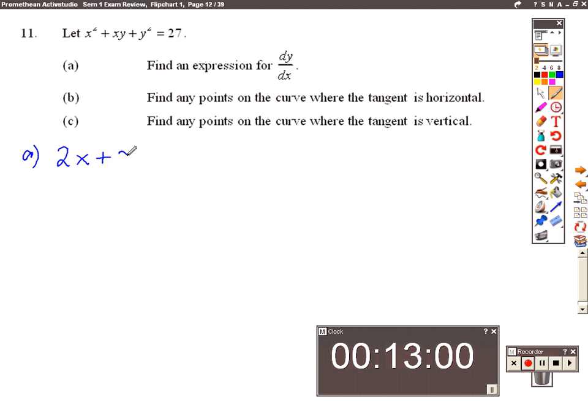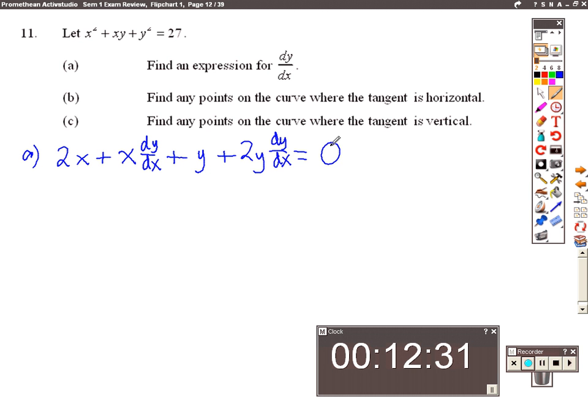So we'll have the first times the derivative of the second, and the derivative of y is dy/dx, plus the second, which is y, times the derivative of the first. The derivative of x is just 1. And then the last term, the derivative of y squared, is 2y dy/dx. And on the right-hand side, the derivative of the constant 27 is simply 0.